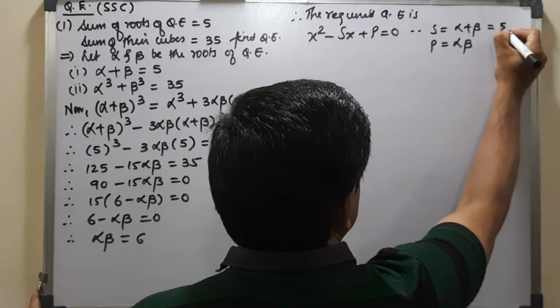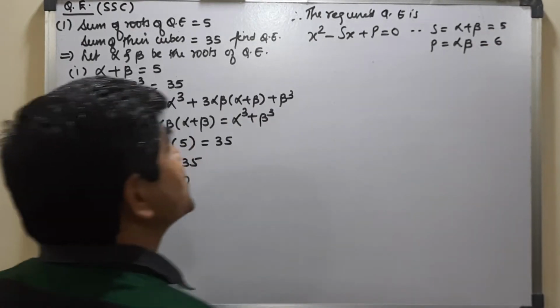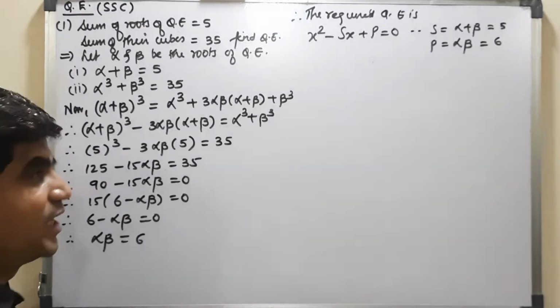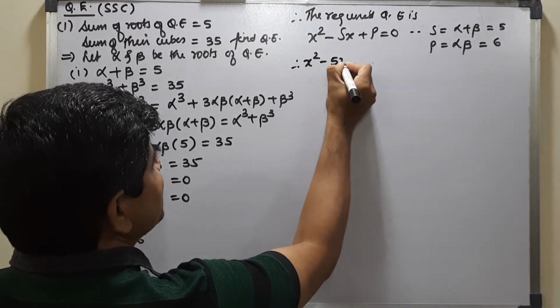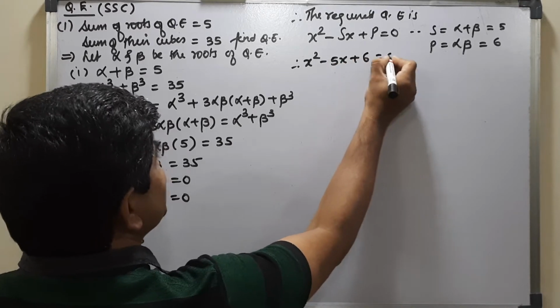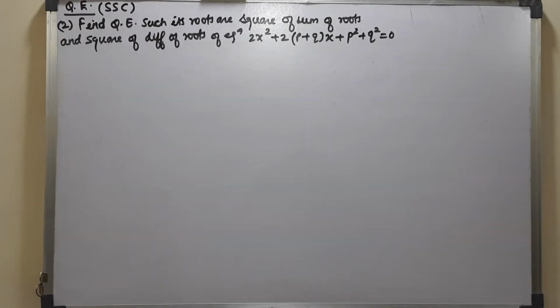Alpha plus beta is equal to 5 and alpha beta you just now got as 6. So the required quadratic equation will be x square minus 5x plus 6 is equal to 0. A very simple question which had application of the alpha cube plus beta cube identity.